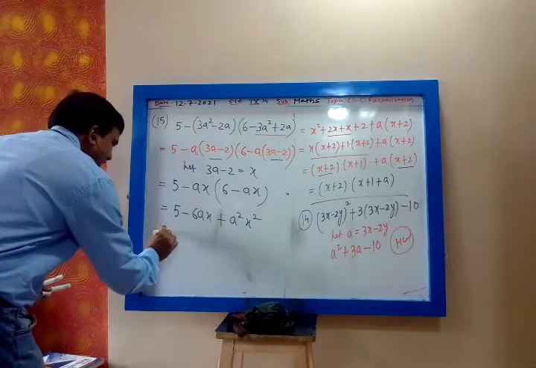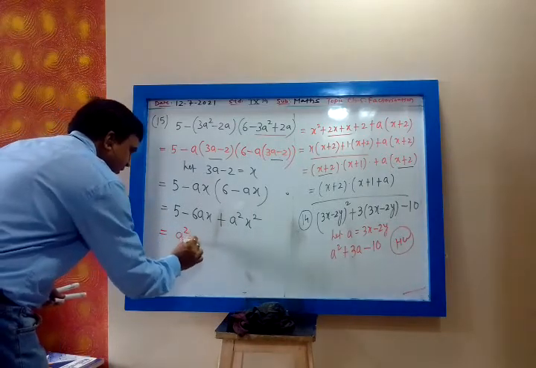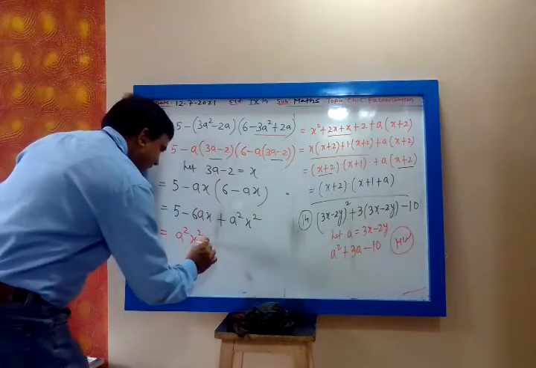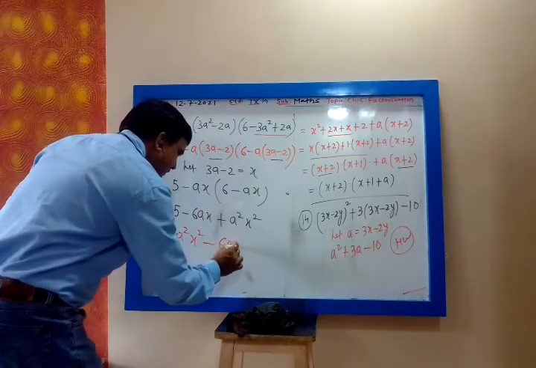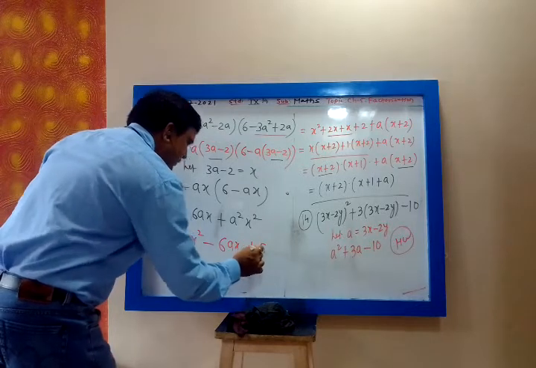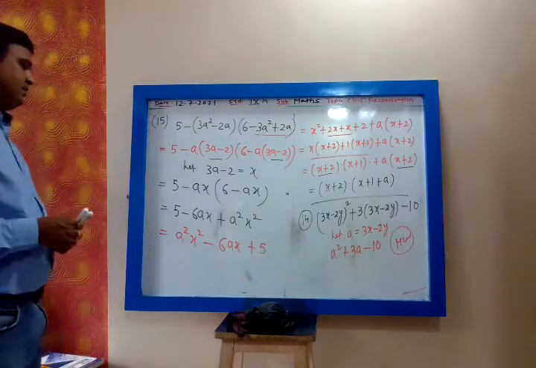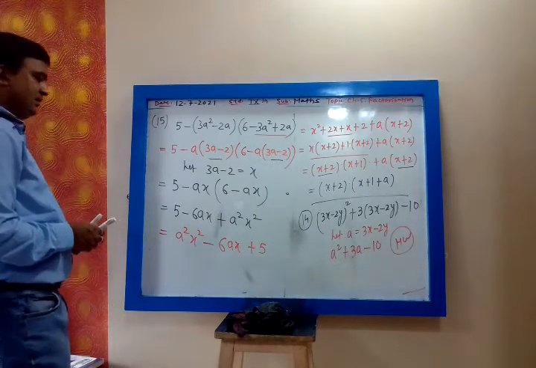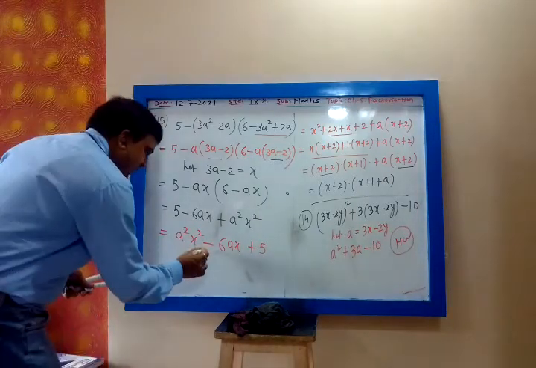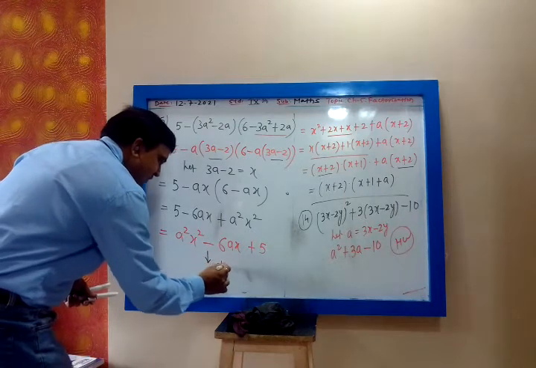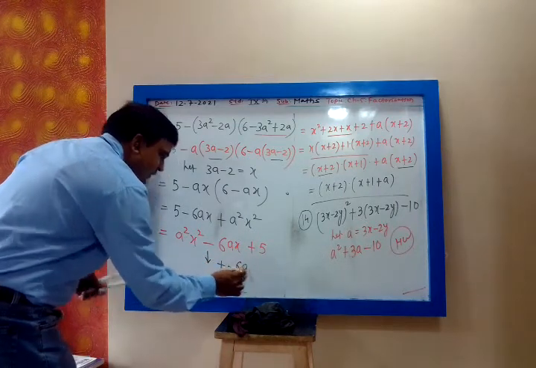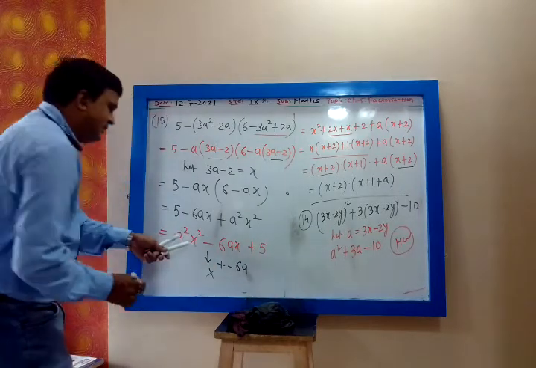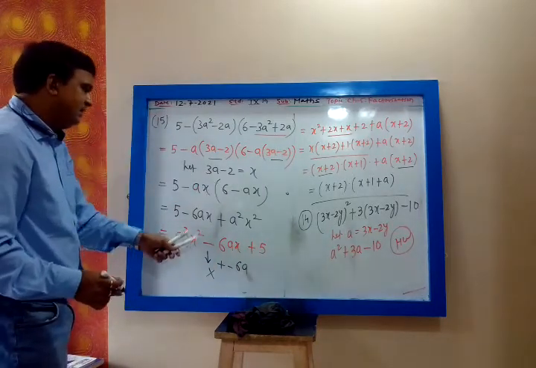So this I will write: x square minus 6ax plus 5. Find two numbers whose sum is minus 6a and whose multiplication is... Remember, x is my variable.